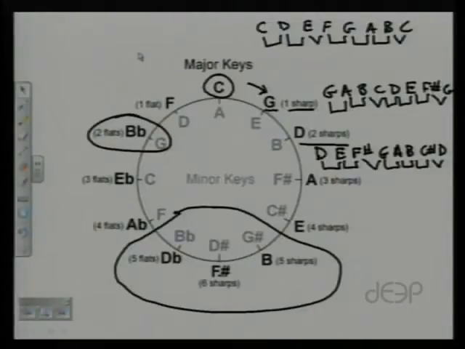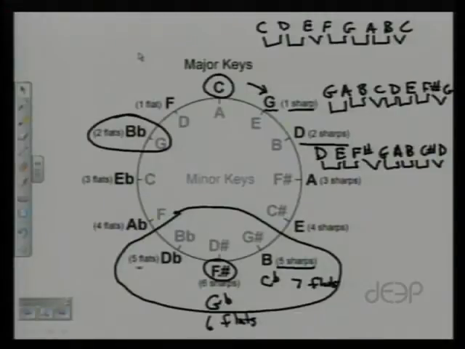B major has 5 sharps, but C flat major has 7 flats. F sharp major has 6 sharps, but the enharmonic key, G flat major, has 6 flats.